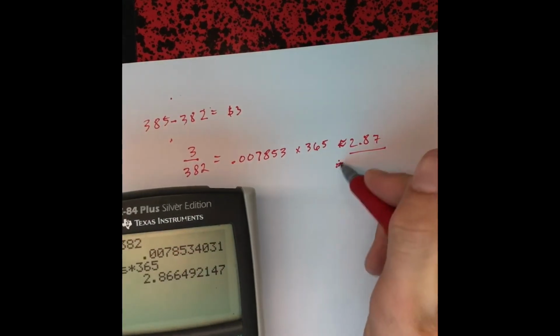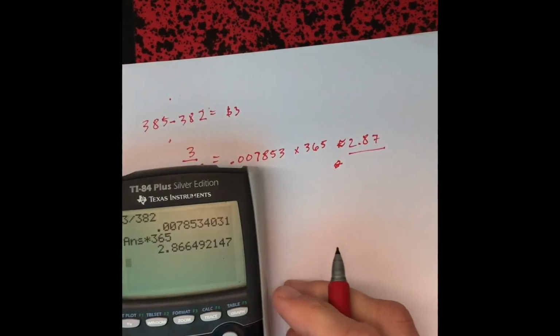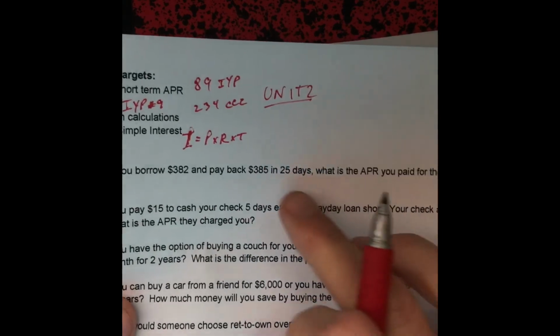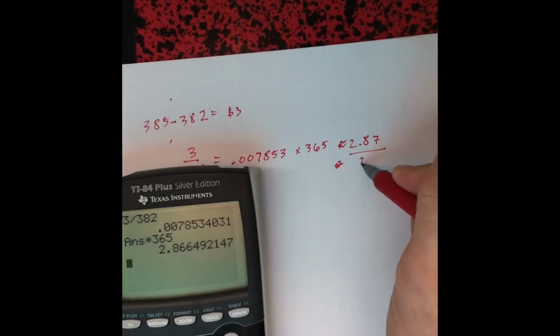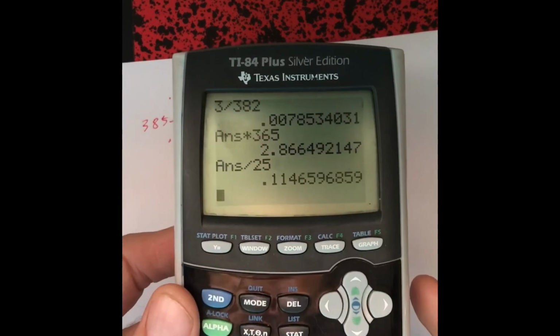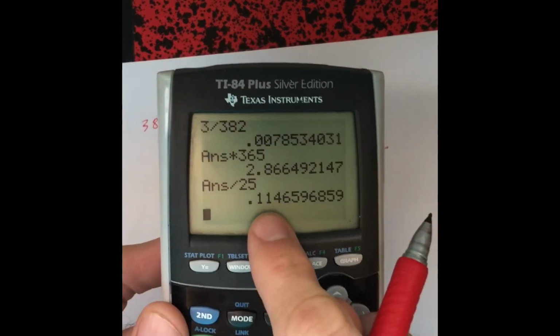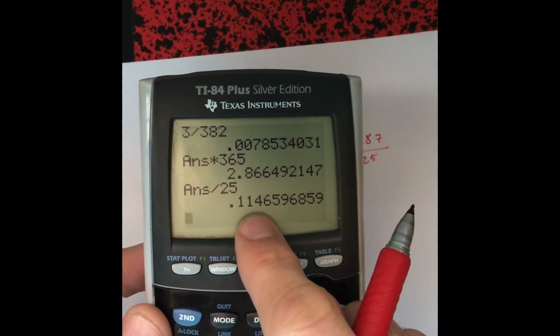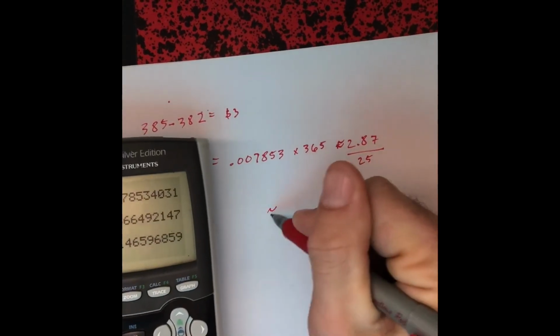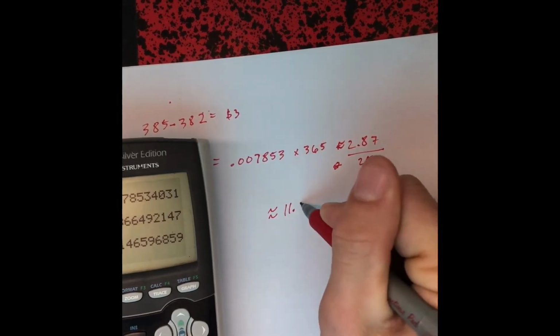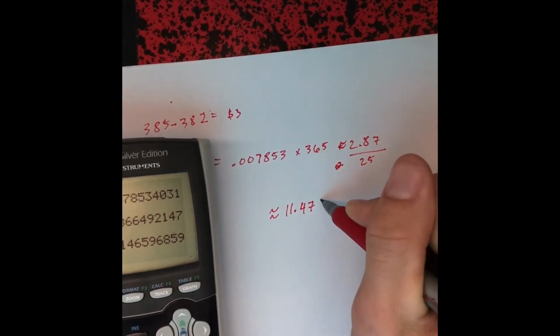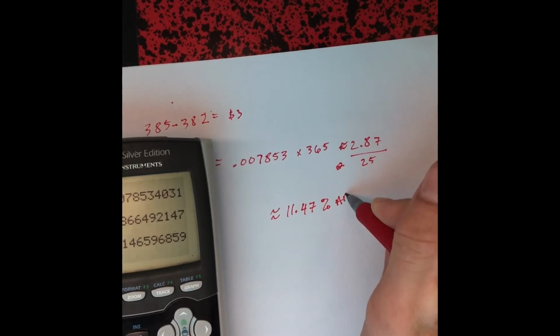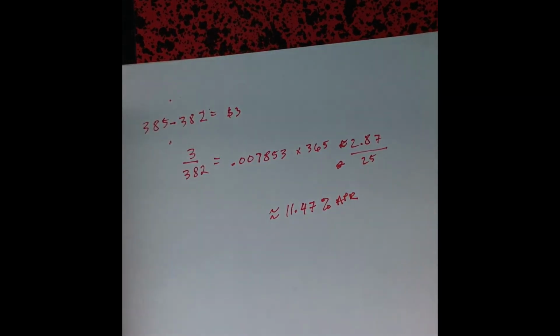So it says 25 days, so divide by 25. And that's your answer, but that's not as a percentage, so you need to change that to a percent. So the answer is about 11.47% is the APR.